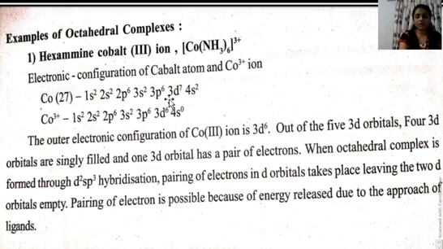The outer electronic configuration is 3d7 4s2. So for forming Co3+ ion, the cobalt atom has lost its 3 electrons, 2 from the 4s orbital and 1 from the 3d orbital. So here it will become 3d6 and 4s0. So the outer electronic configuration of Co3+ ion is 3d6.